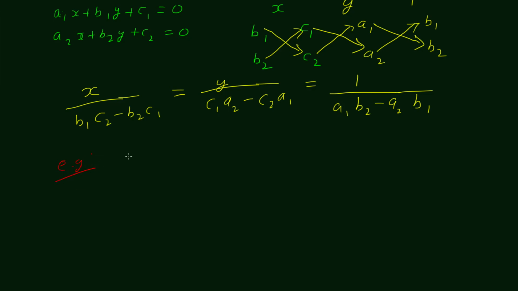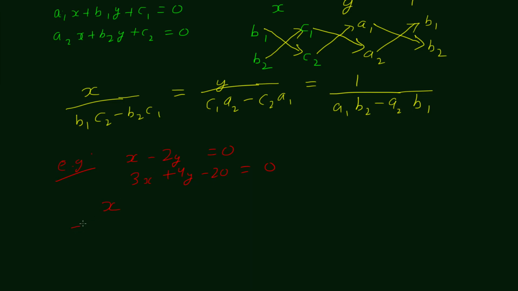Let's say we have the first equation as x minus 2y is equal to 0, and the second equation as 3x plus 4y minus 20 equal to 0. Okay, so let us write the coefficients in this pattern. First we write x, then you have b1, b2.